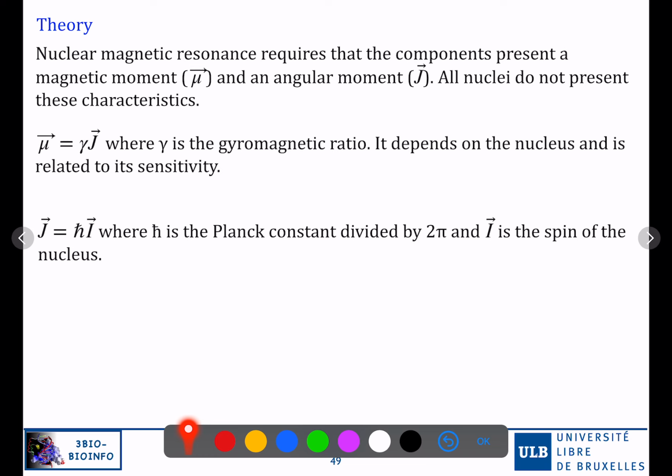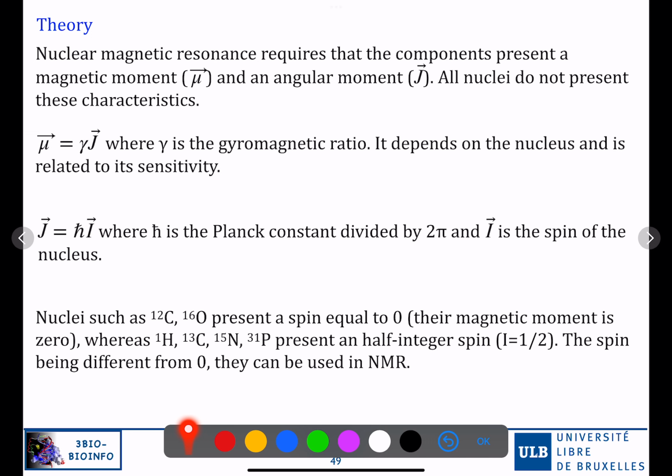Then you have a second equation that says that J is equal to h bar times I, where h bar is the Planck constant divided by 2 pi, and I is the spin of the nucleus. What is important here is that to have a magnetic moment that is different from zero, you need a value of the spin that is also different from zero.